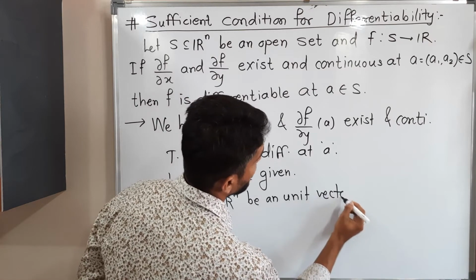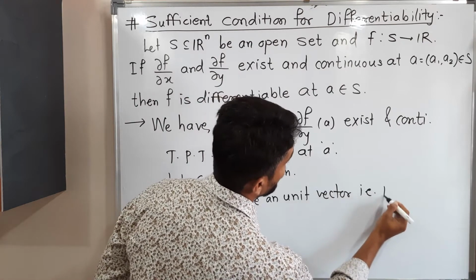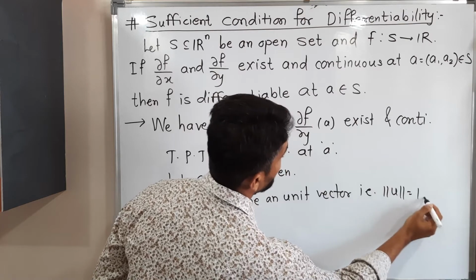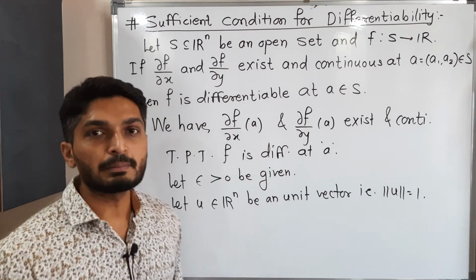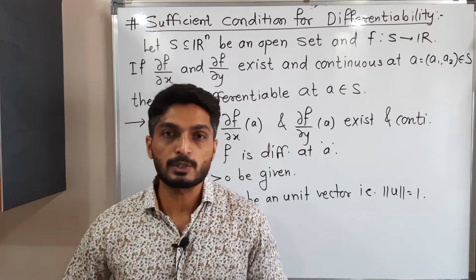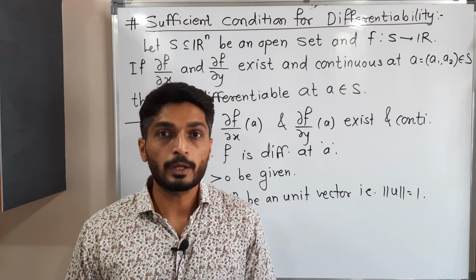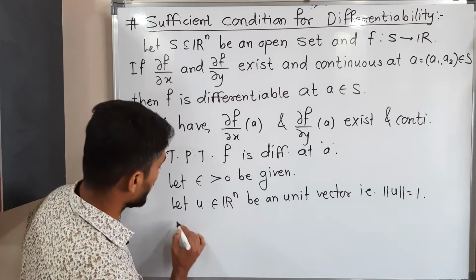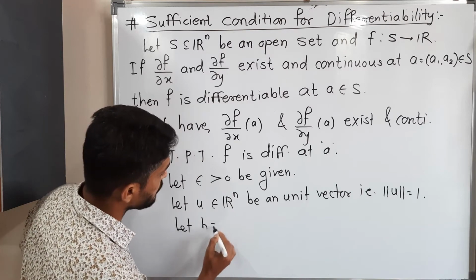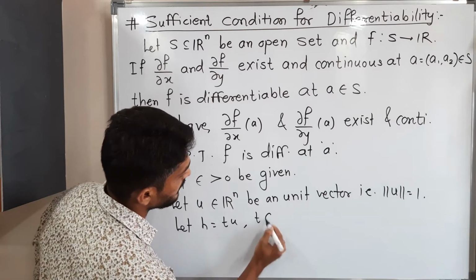Unit vector means the norm of u is equal to 1. A very simple meaning it has. With the help of this u, we are going to take h. Let h be equal to tu, where t is any real number.